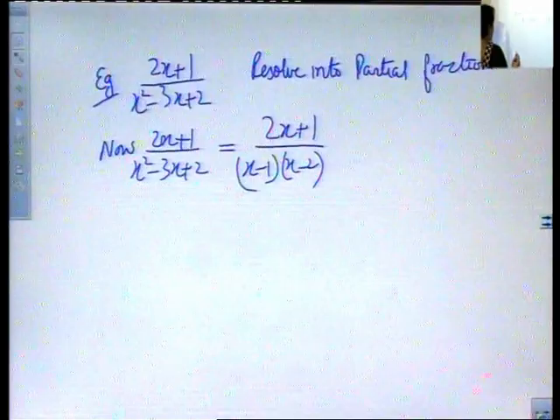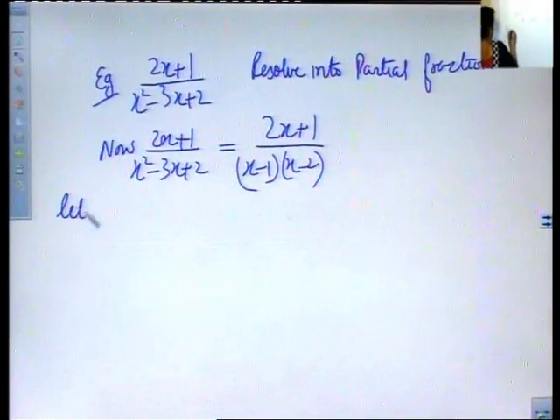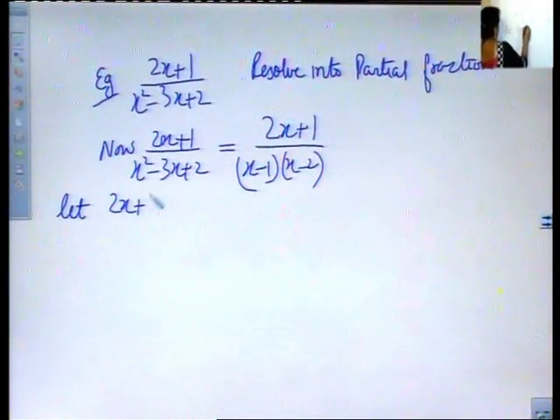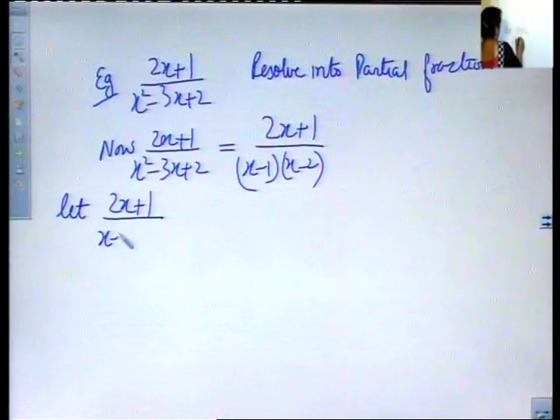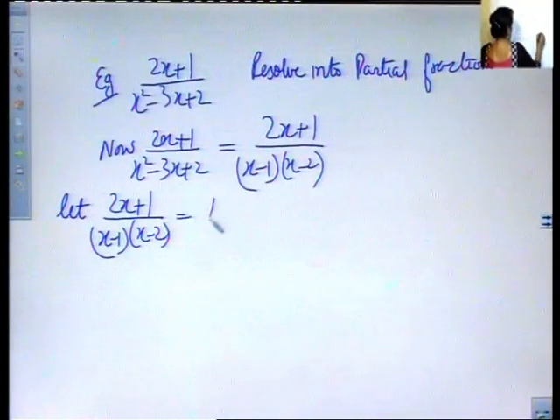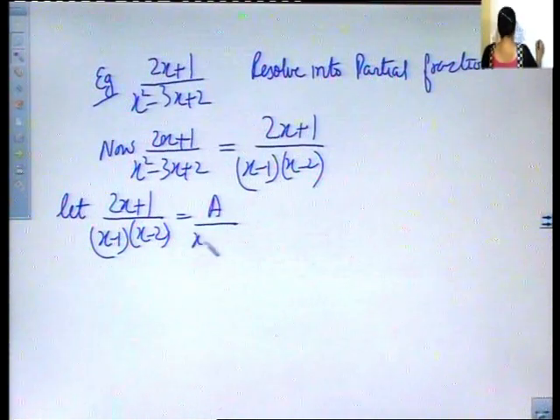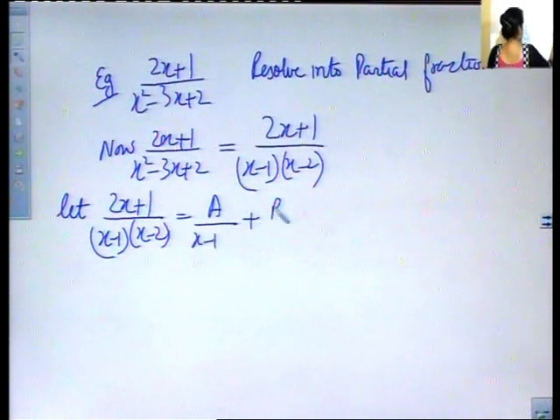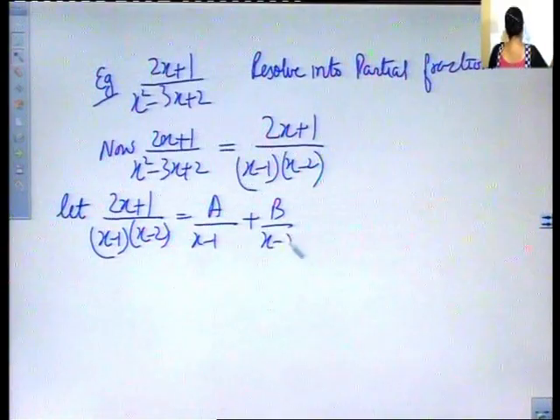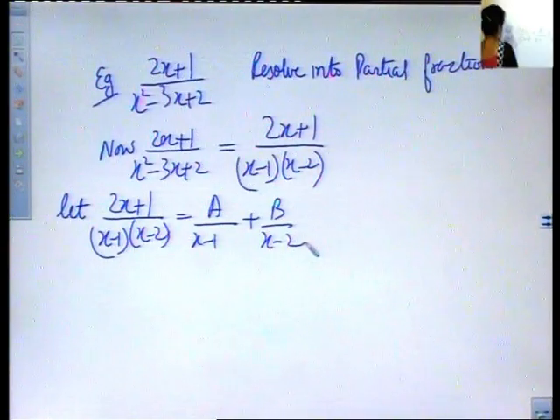Now let (2x plus 1) upon (x minus 1)(x minus 2) be equal to a upon x minus 1 plus b upon x minus 2.